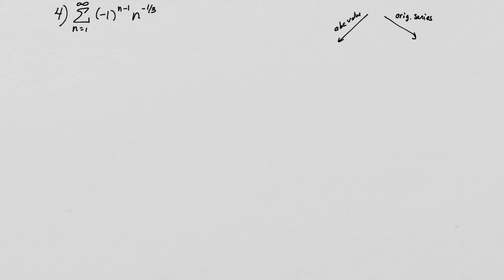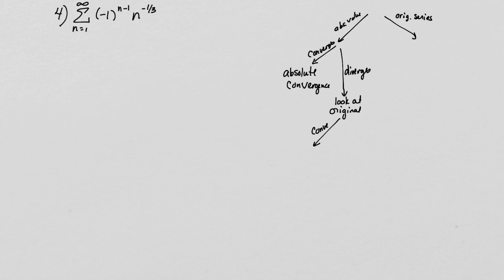If you look at the absolute value and it converges, then that's when you have absolute convergence. If you look at the absolute value and it diverges, then you have to look at the original series. And if the original series converges, then it converges conditionally.